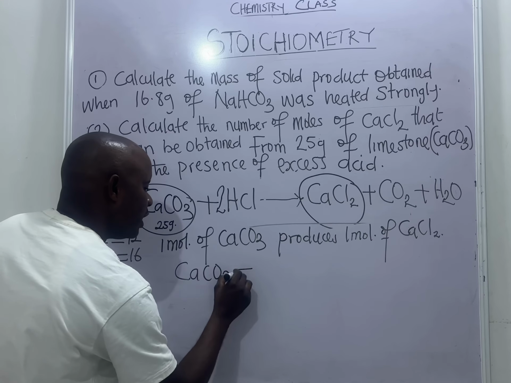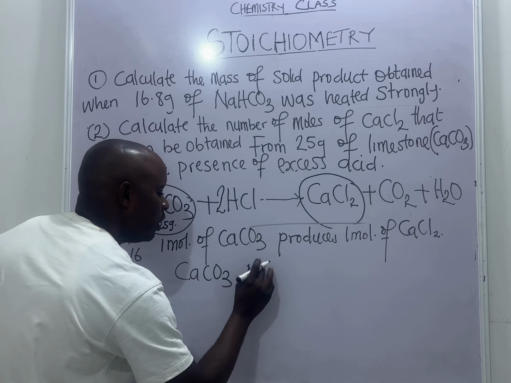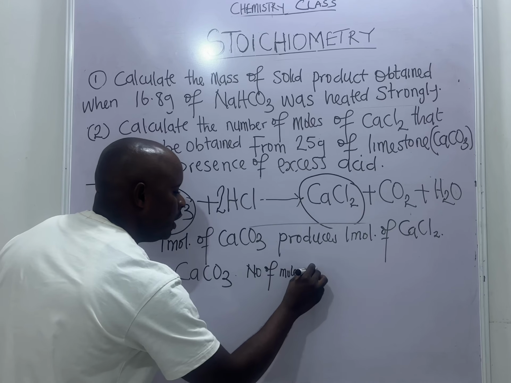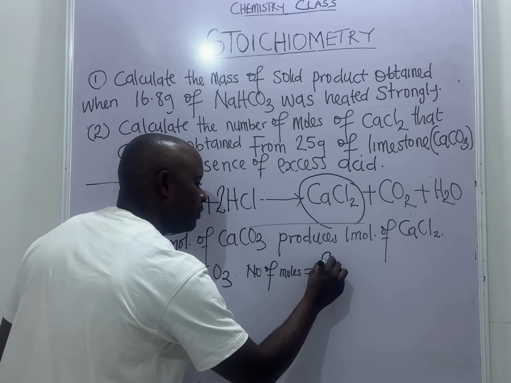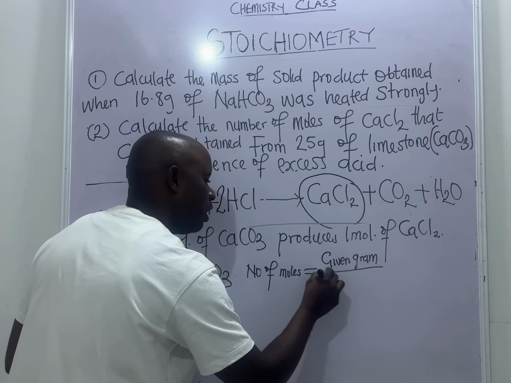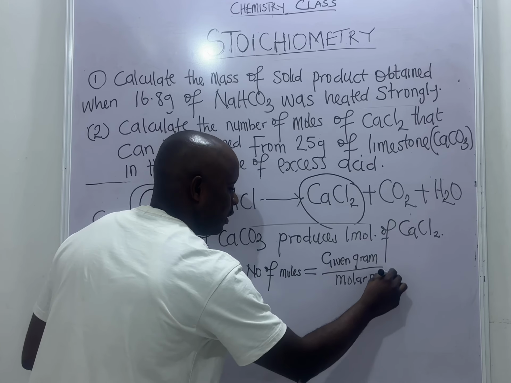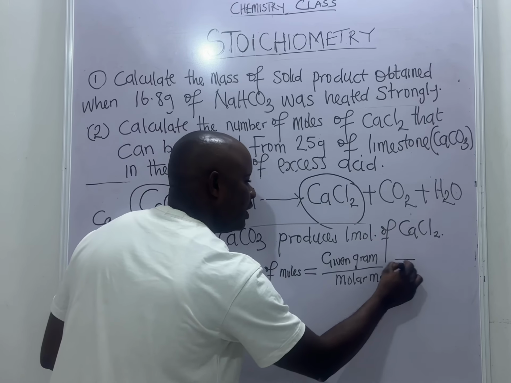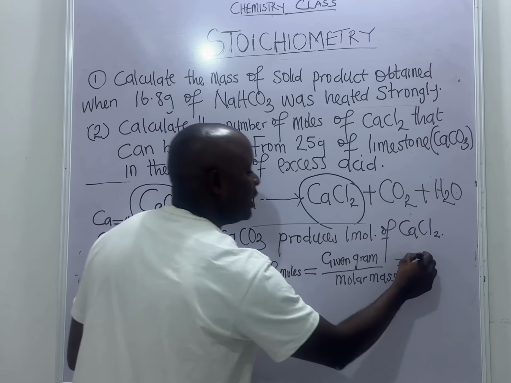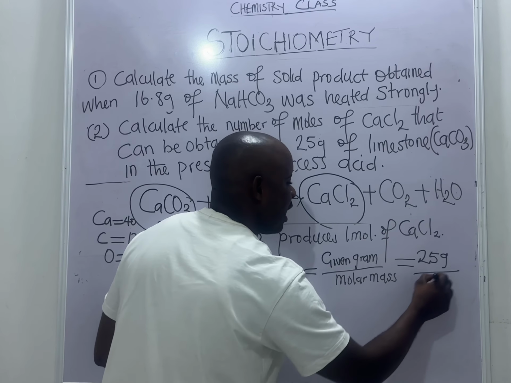Number of moles is equal to given gram all over molar mass. The given gram that is given to us is the limestone, 25 grams, divided by 100.